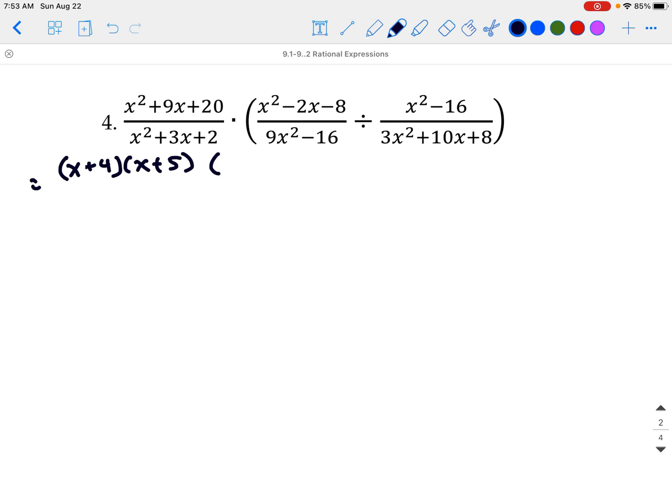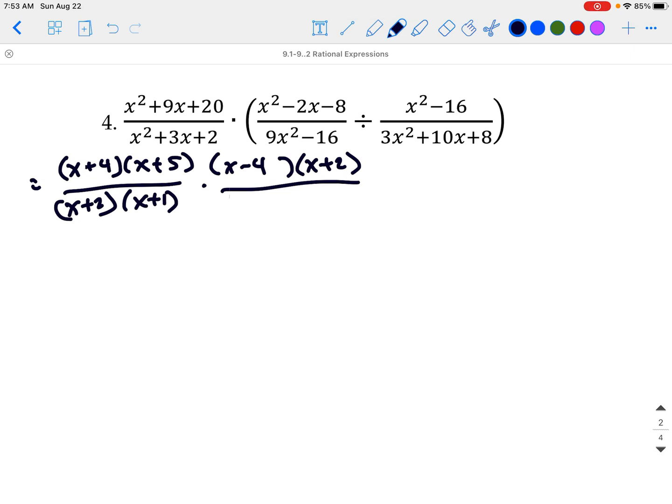And then we're going to have x plus 2 and x plus 1. And we're multiplying that by x minus 4 times x plus 2 all over. So 9x squared minus 16 is a difference of squares. So 3x minus 4 and 3x plus 4.